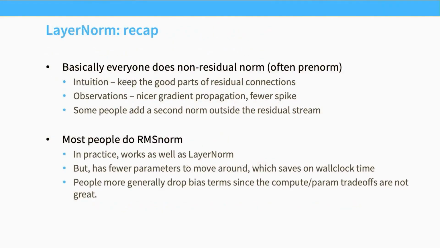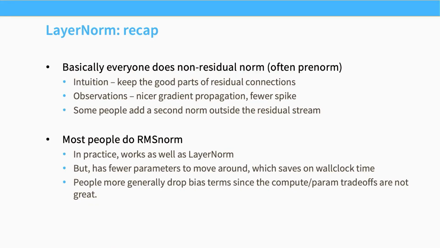OK. So I think for layer norms, the story is pretty easy. It's easy in the sense that what people do is fairly standardized. Our understanding, not at a deep theoretical level, but our understanding of what layer norm does is fairly good, right? Everyone moves the layer norm outside the residual stream, often pre-norm, but I think this might partially be because Llama 2 did that.